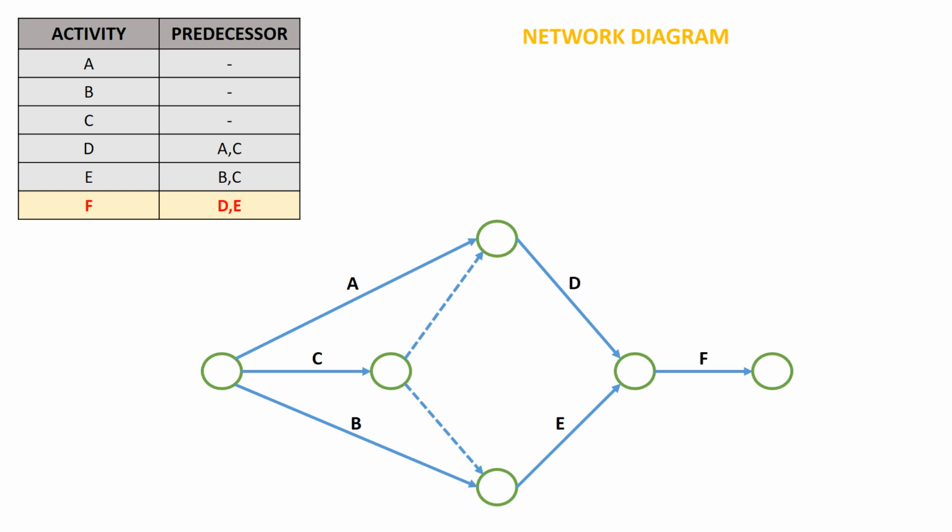So now we'll number the events using the Fulkerson rule. I hope you are now familiar with numbering the events using the Fulkerson rule or using the tracing method. So we'll have event number 1 over here. Next we'll have to trace these three activities.